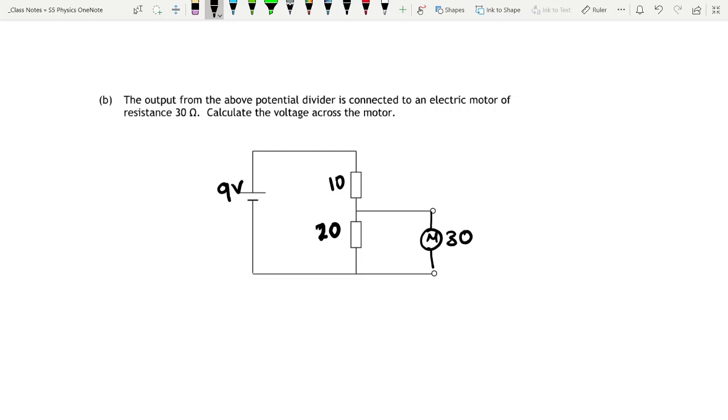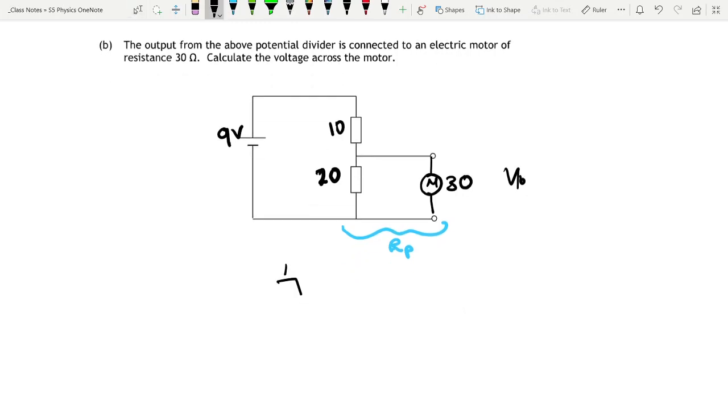Okay, so now we want to know what the voltage out across the motor would be. So we want to know the voltage out here. What we need to do is find the resistance of those two because they're in parallel. If we call that Rp, 1 over Rp equals 1 over 20 plus 1 over 30. So Rp would come to, remember you have to flip it over at the end, 12 ohms.